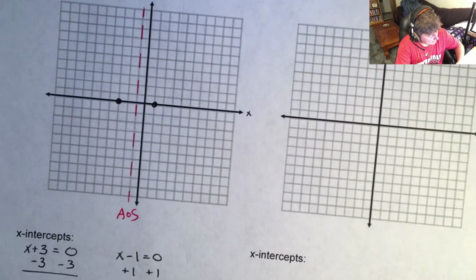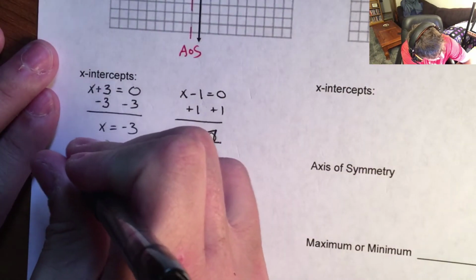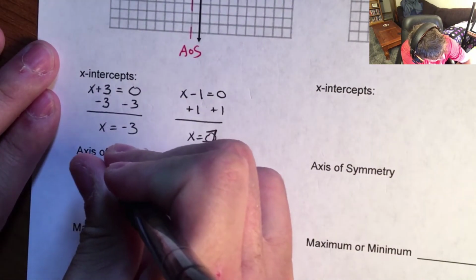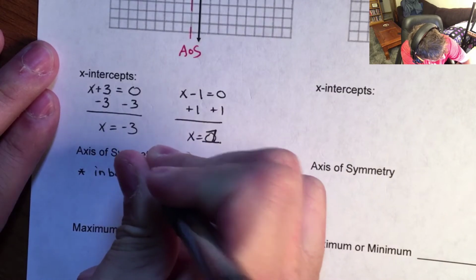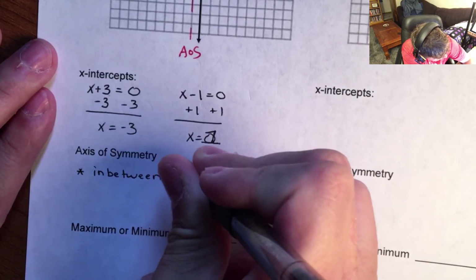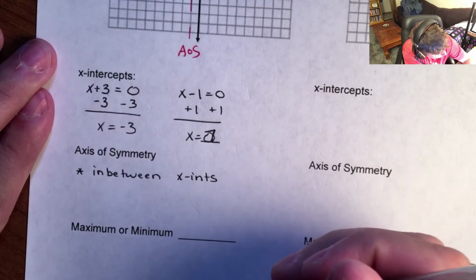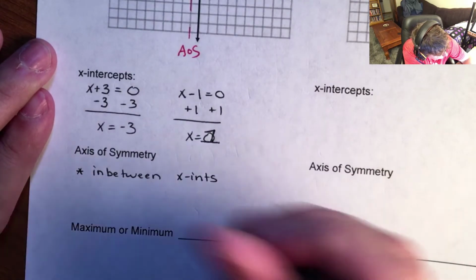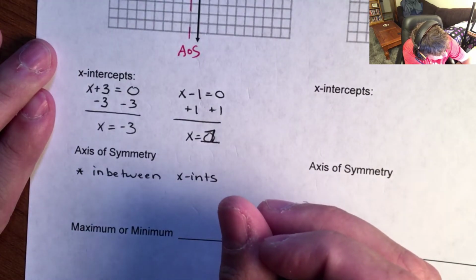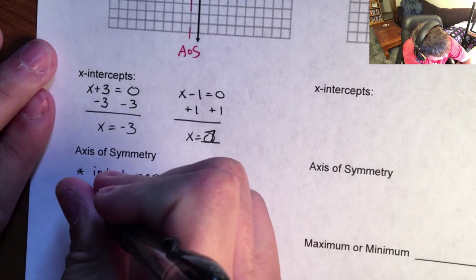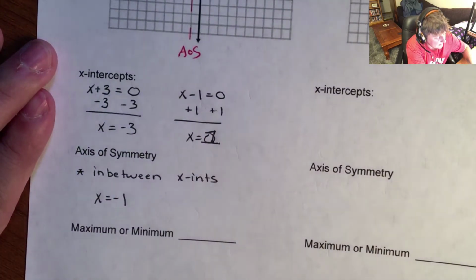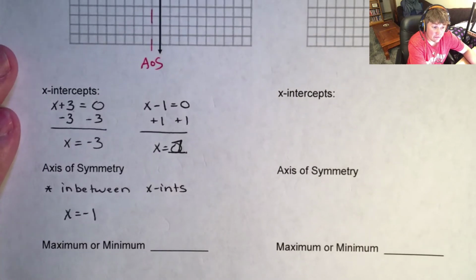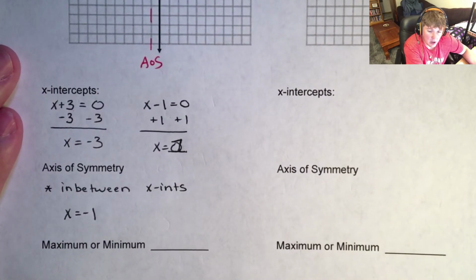Okay. So I'll even put a little note for you. In between x-intercepts, this would be x is equal to -1 for me. Okay, there is a formula for this that I'm going to show you.